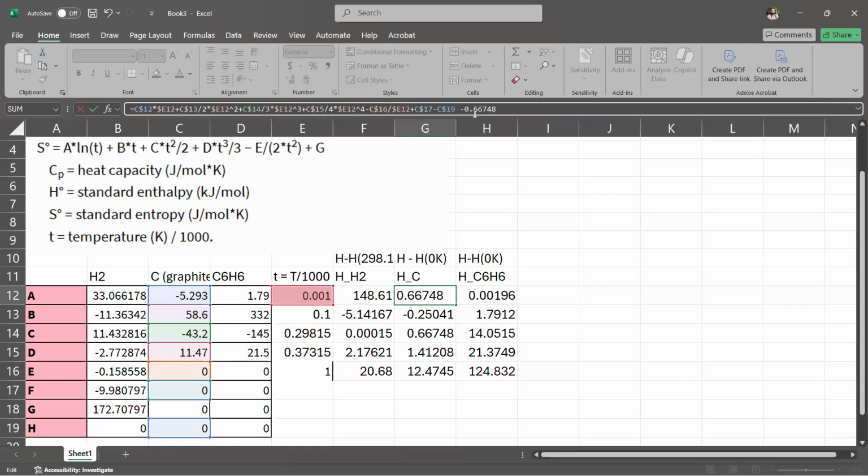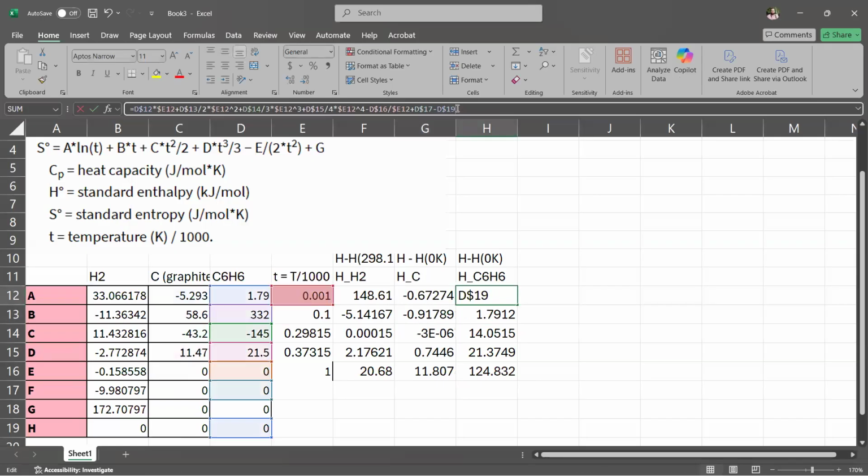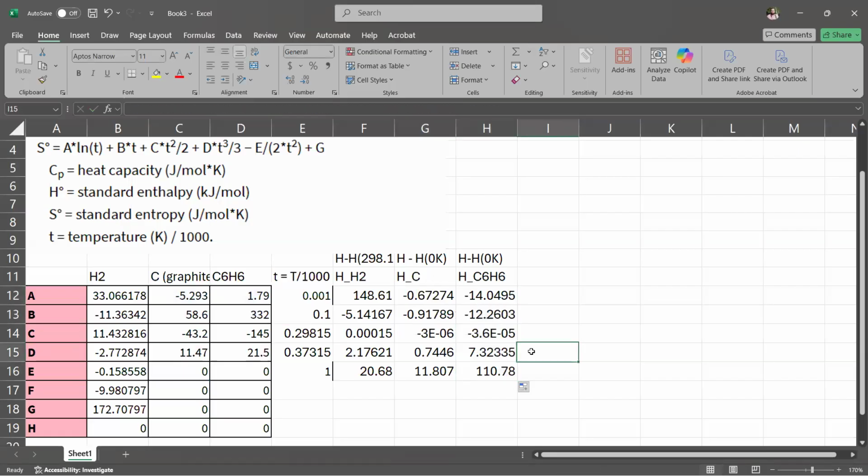That's the enthalpy there. And then propagate that down. Now we have basically 0 there. And we do the same thing here, 14.0515. Okay, so now these are all enthalpies relative to 298.15.